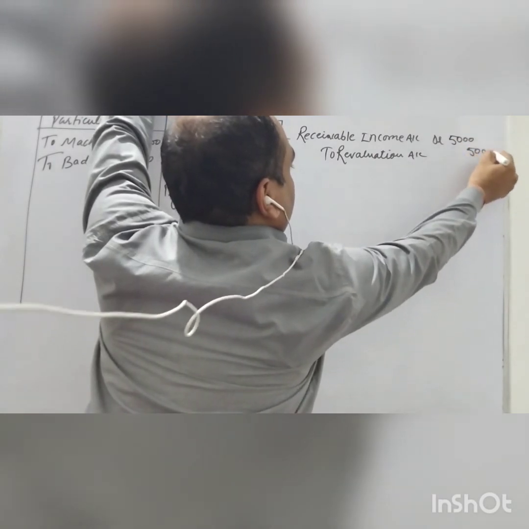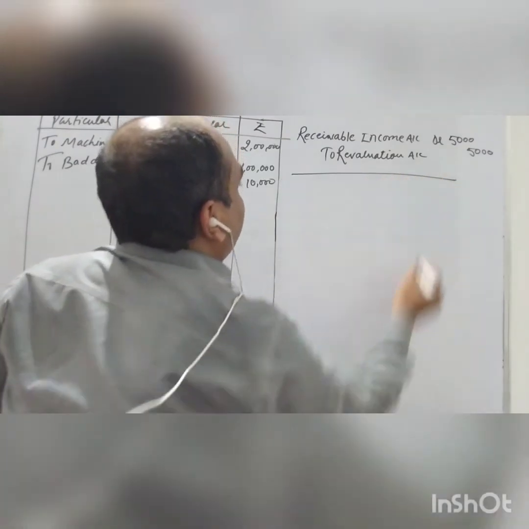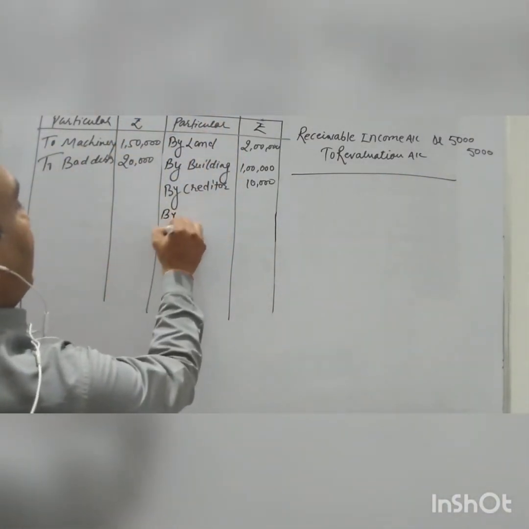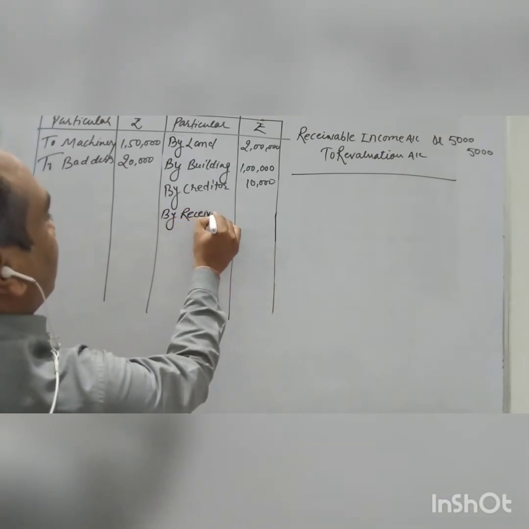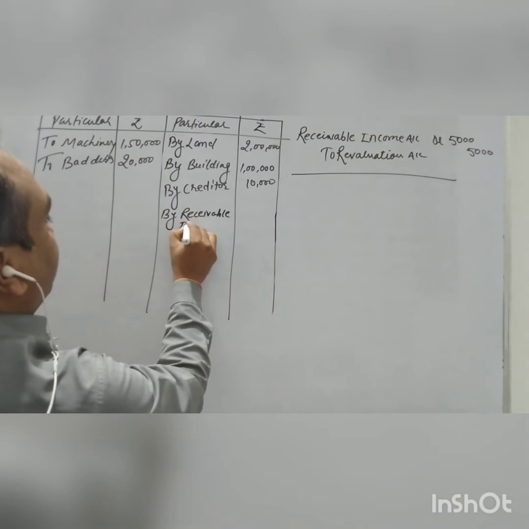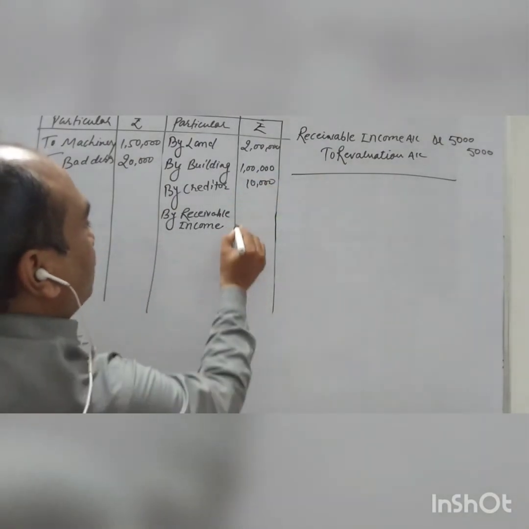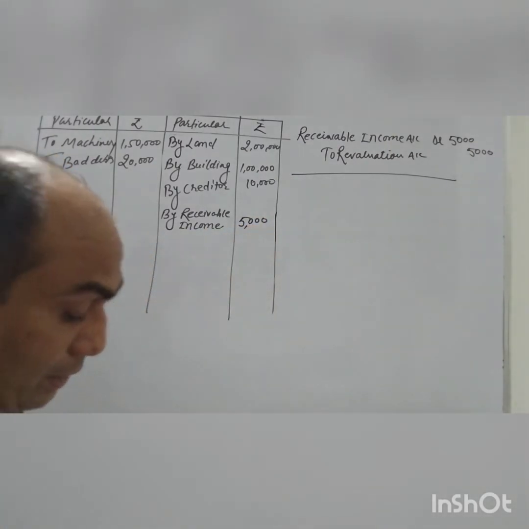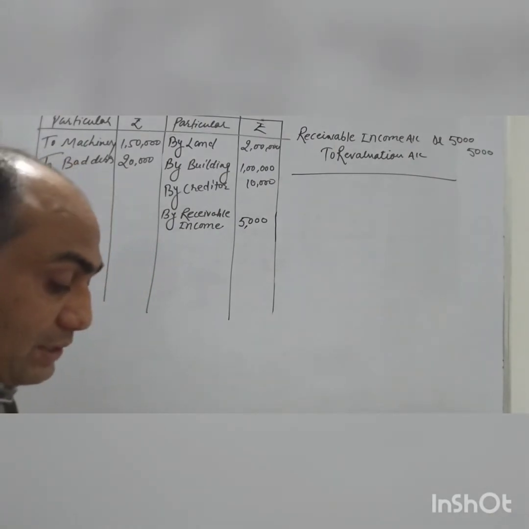So this entry will be posted into the revaluation account in credit side by receivable income. Right? Amount 5,000. Okay.